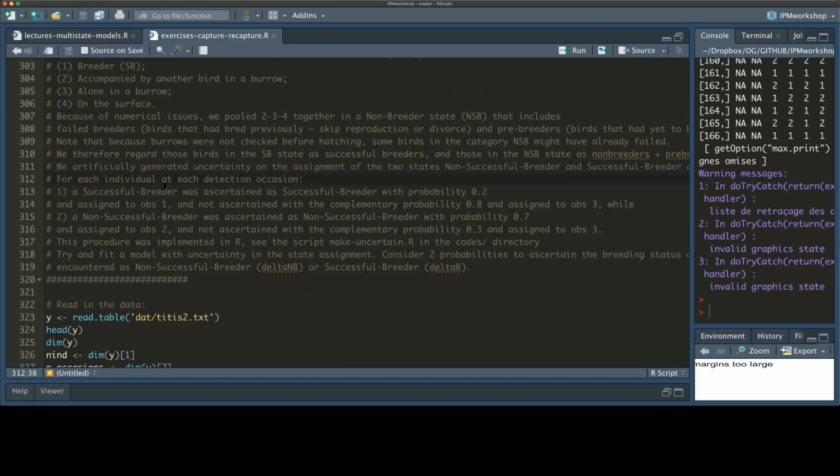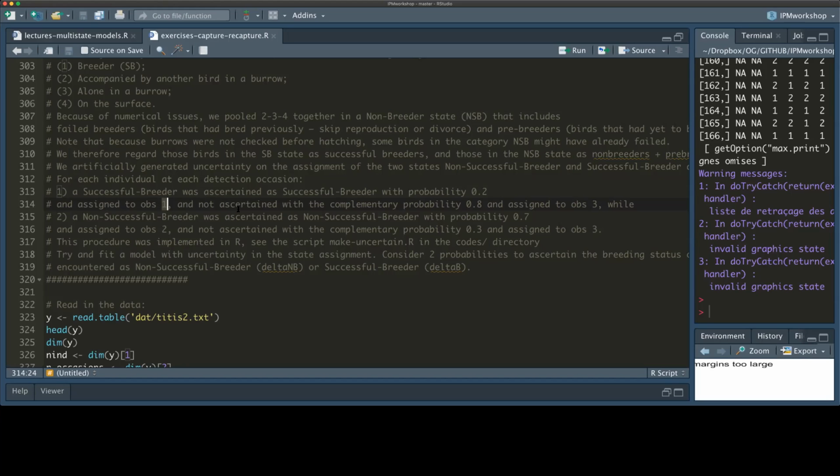So for each individual, at each detection occasion, what I did is I said, okay, for a successful breeder, for a breeder individual, we will assess it as a successful breeder with some probability, say 20%. And when it's assigned to the breeder state, it's observed in observation 1, right?